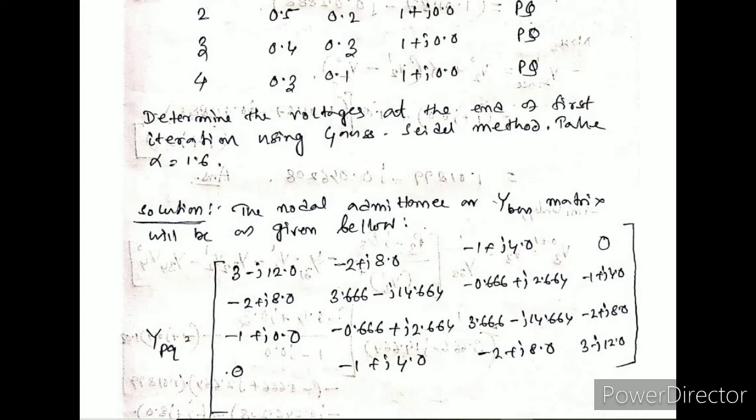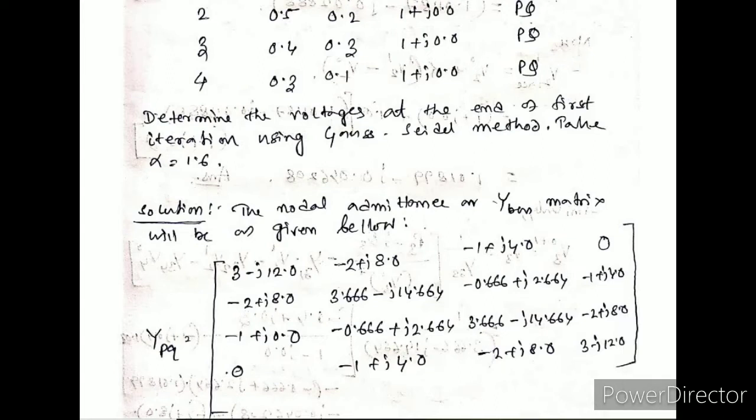Now proceed to the next step. As per the algorithm of the Gauss-Seidel method, the first step is that whatever data is given here, we need to check.